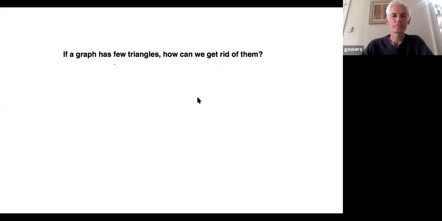So now, let me try to say what it is. First of all, I assume that most people here, if not everybody, know what a graph is, but just in case, I'm going to tell you. So a graph is an object that has some objects that we call vertices, which you can think of as just points.